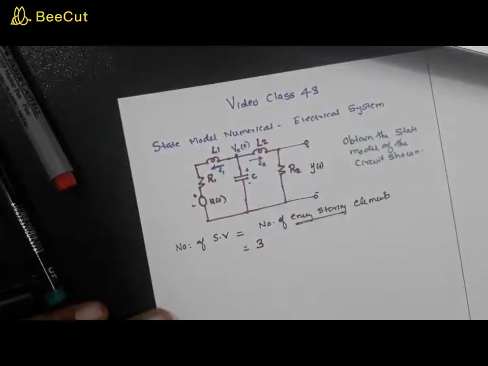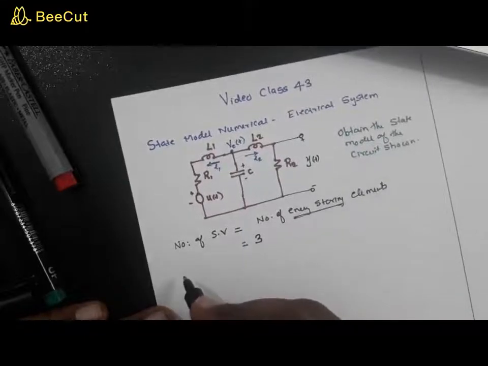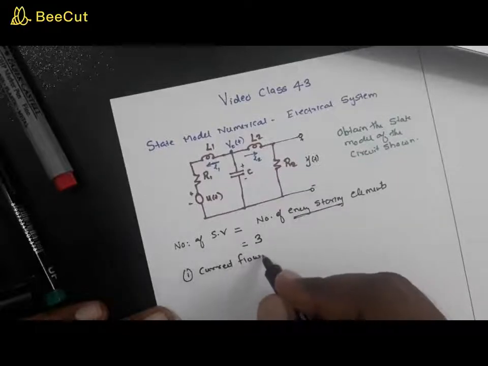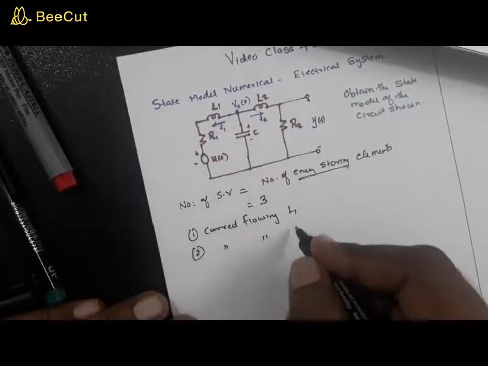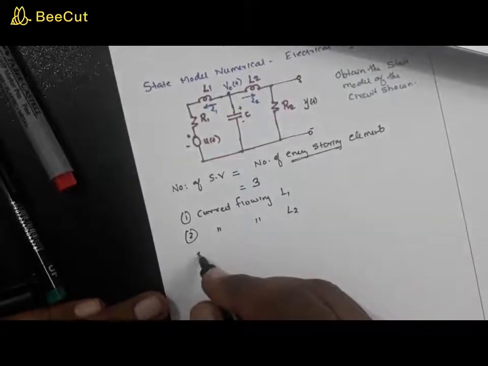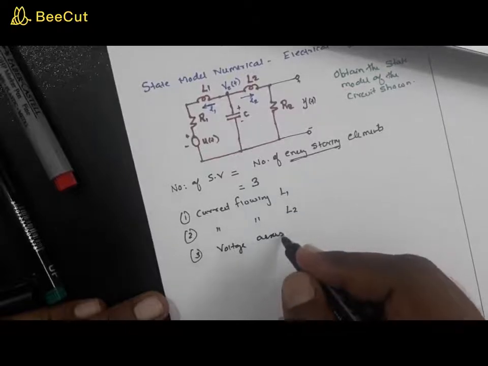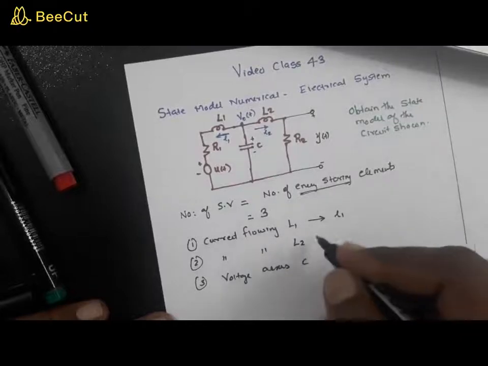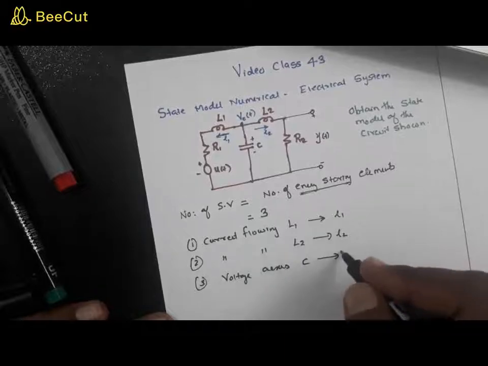Now here the following are the state variables. One is the current flowing through L1, the second one is the current flowing through L2, and the third one is the voltage across the capacitor C. The currents are shown as I1 and I2, and the voltage as Vc.